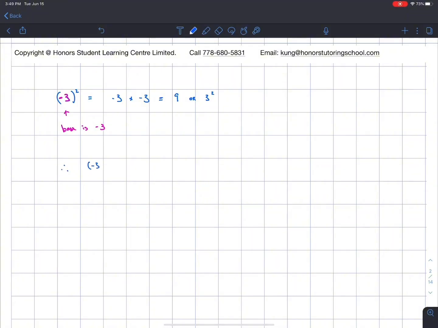So this is what I want you to see. When you have a negative base raised to an even power, your answer will just be positive. A negative base raised to an even power will produce a positive answer.